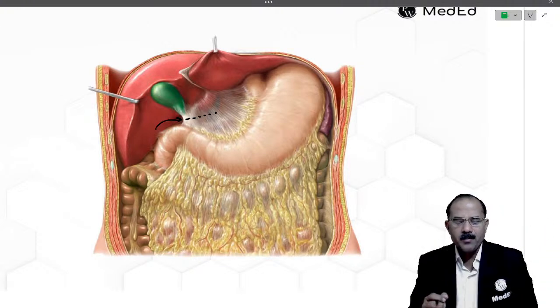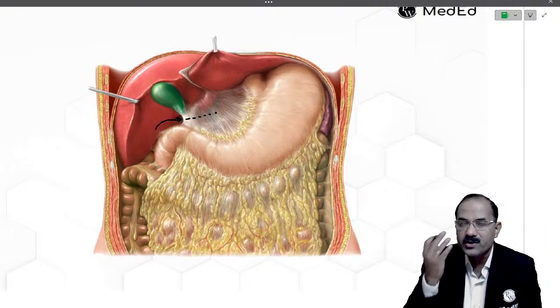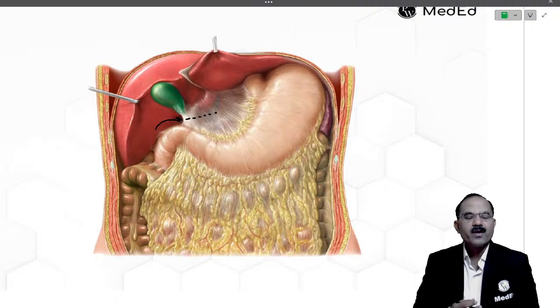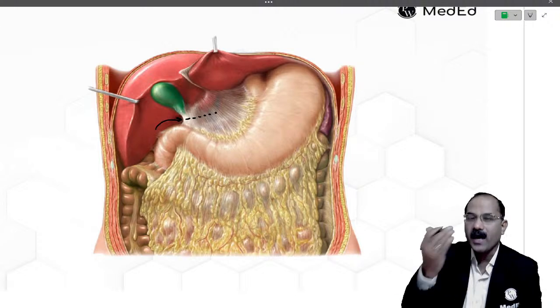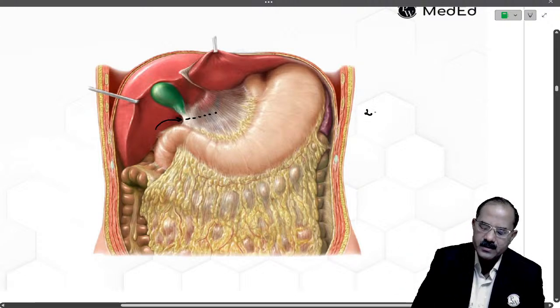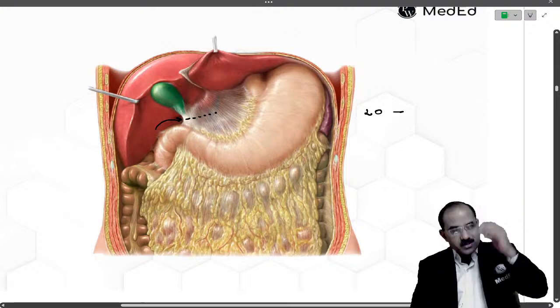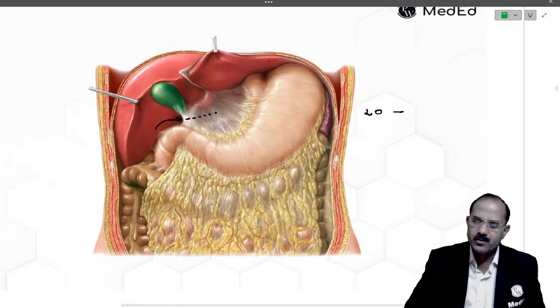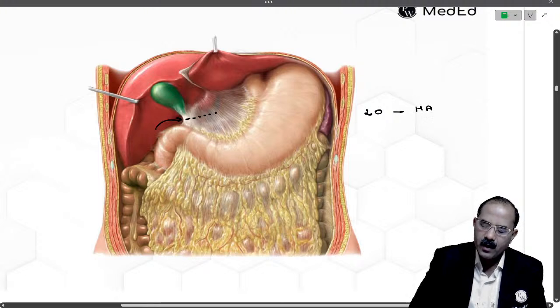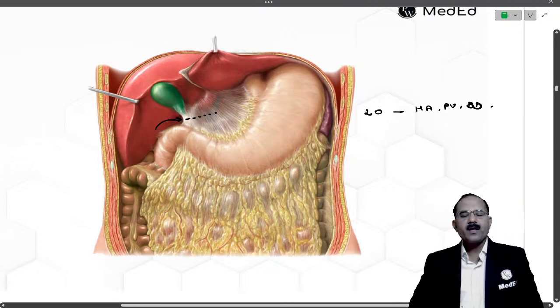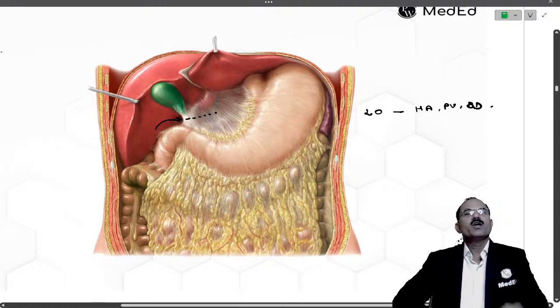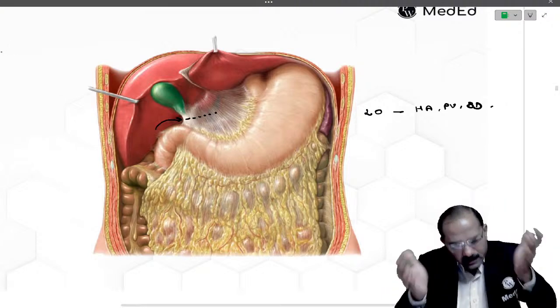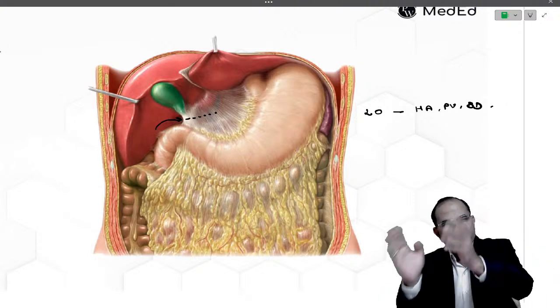The anterior relation of the epiploic foramen, or the foramen of Winslow, is going to be the lesser omentum. The lesser omentum contains three structures: the hepatic artery, the portal vein, and the bile duct. So when I say lesser omentum, it automatically means hepatic artery, portal vein, and bile duct.